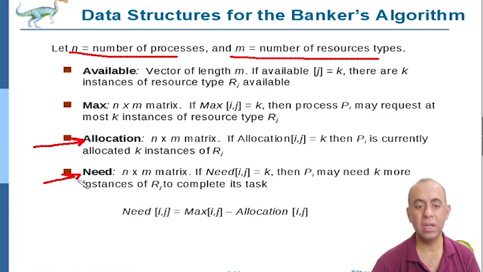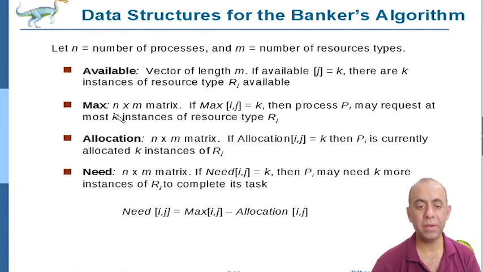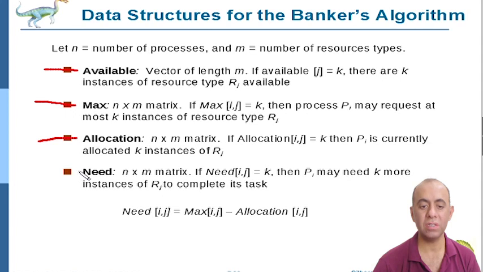There is a matrix called need with the same dimensions, and all of these things, as the name suggests: available represents the number of available resources, and max represents, for each process, the number of resource instances that will at most be requested by the process. Allocation means the current allocation of that resource to the process, and need is the need of that process for those resources.